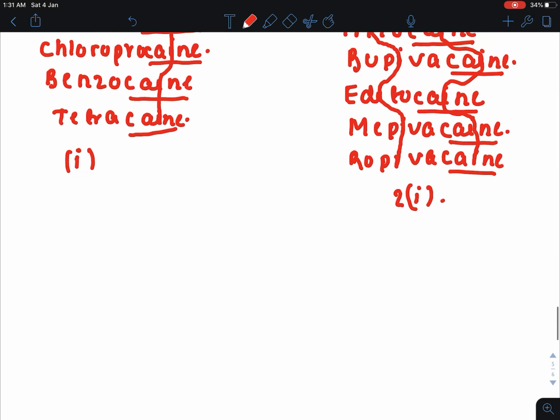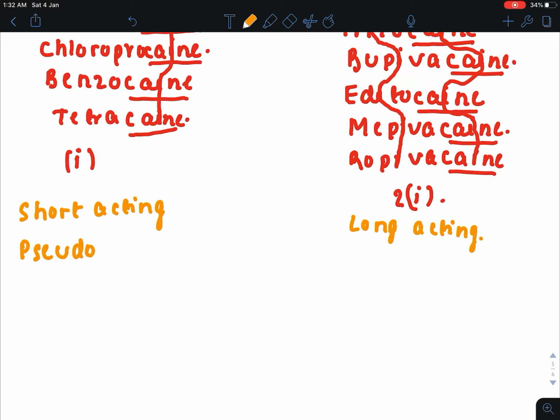Ester group of drugs are short acting. Amide group of drugs are long acting. Ester group of drugs are metabolized by pseudocholinesterase, whereas amide group of drugs are metabolized in the liver by cytochrome.